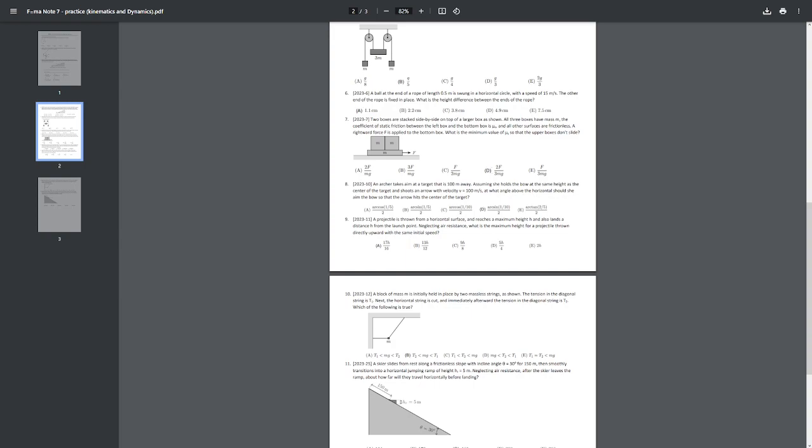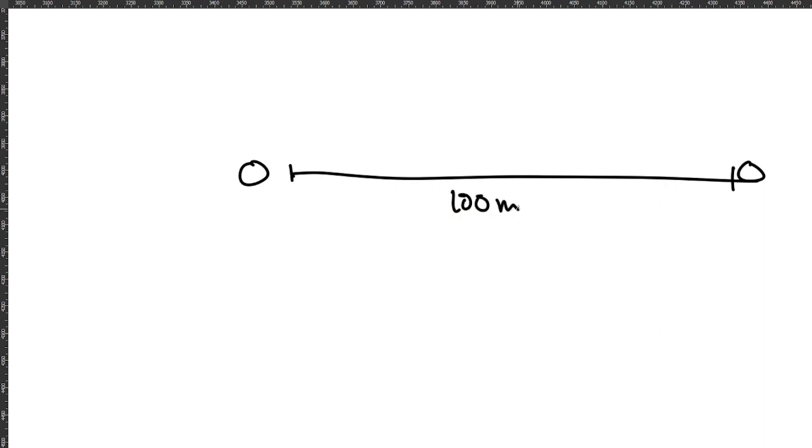Okay, so we have the archer denoted by that. We have the target also denoted by that. There's a distance of 100 meters in a straight line. And she shoots an arrow at some particular angle, I'm going to say theta, with a velocity of 100 meters per second.